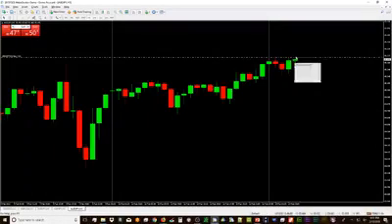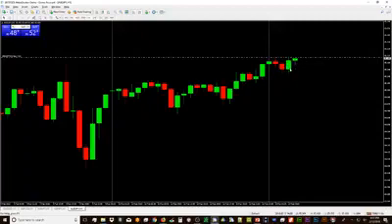Now, as you see, this line is just above the current candle that is forming. So this is the spread that I was talking about, this little spacing in here. This is the allowable price line that you could jump into the trade.